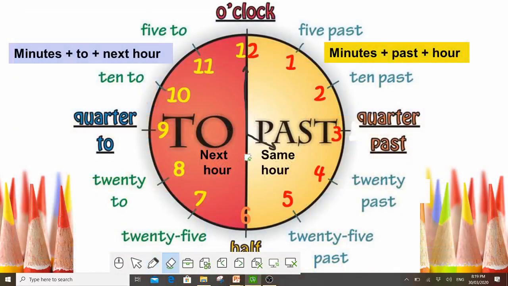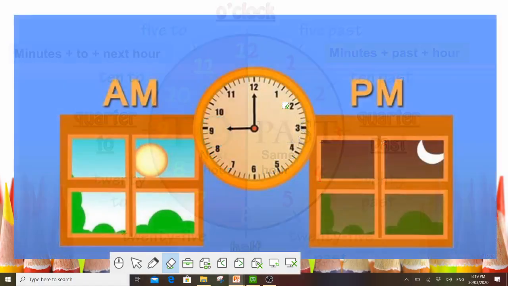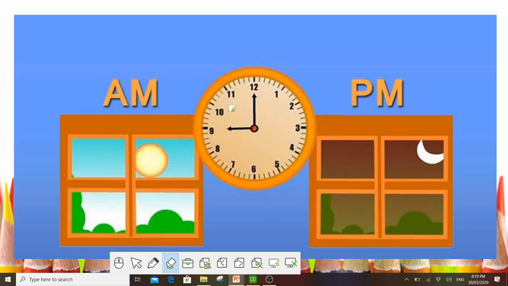Today in our lesson, we will know more about AM and PM. As you see here, we have an analog clock, but you know that there are 24 hours in a day. But on the clock, we have only 12 hours or 12 numbers.